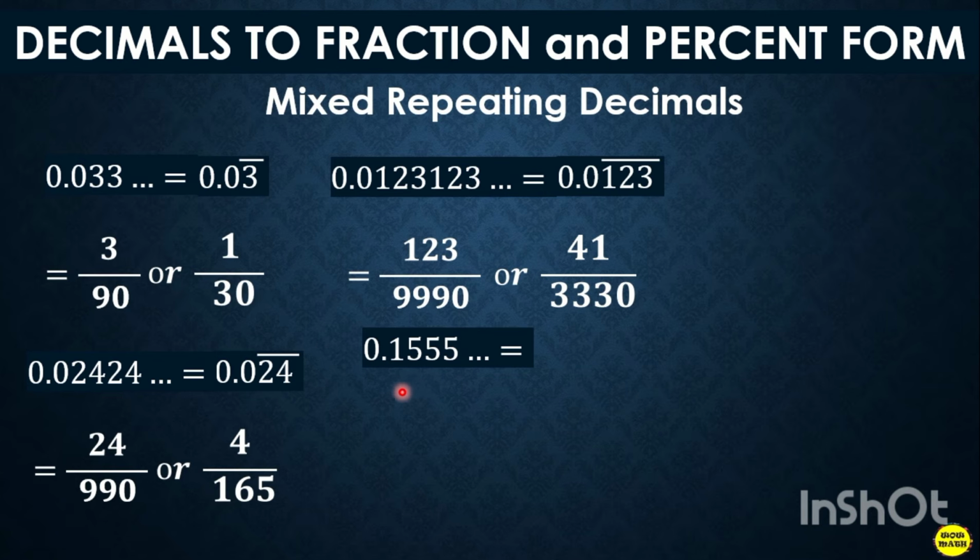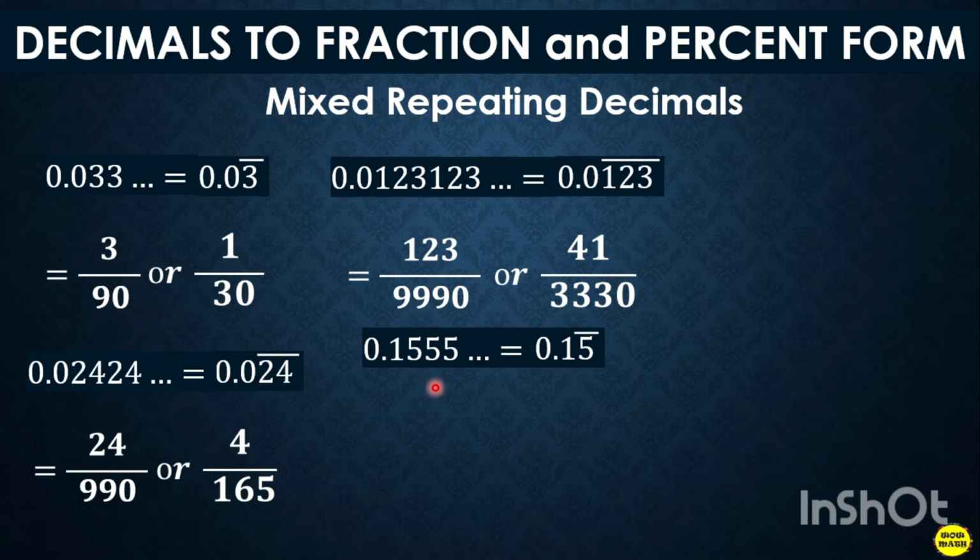We have 0.155. So, pag sinire-write natin siya, we have 0.15 vinculum. So, yung 5 natin, nandun lang, yung vinculum natin, nandun lang po sa 5.